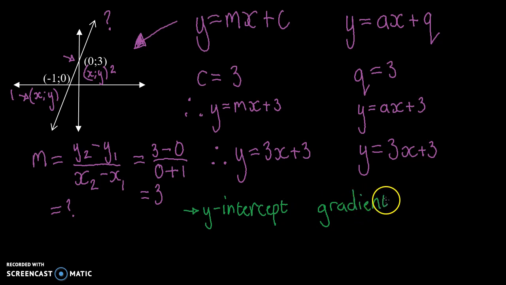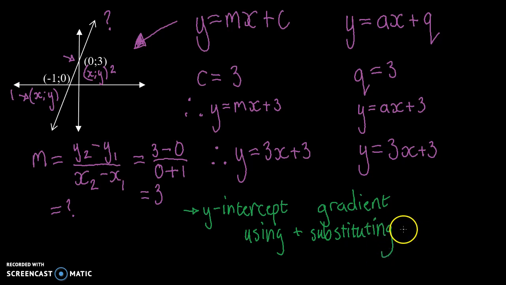Or you can solve for the equation by substituting points. Well, lovely one, as you can see, this is quite easy. It's exactly what you did in grade 9, so you'll be fine.